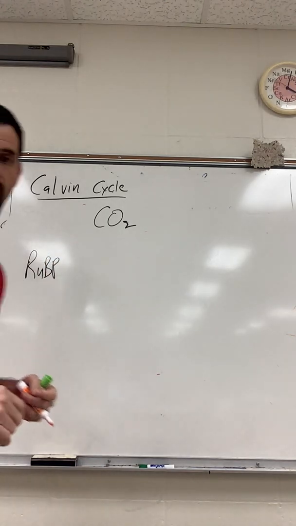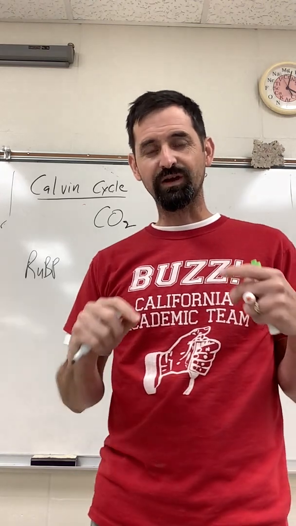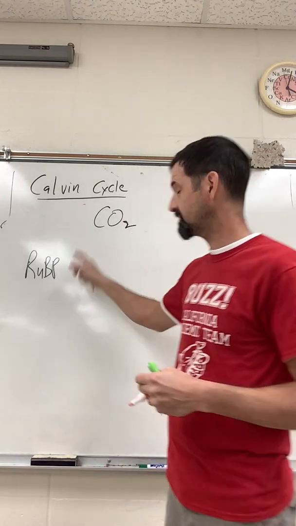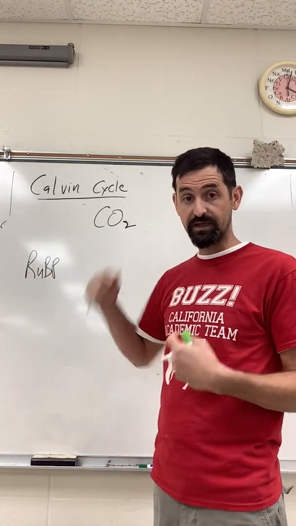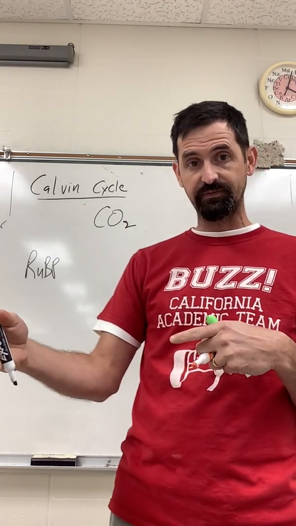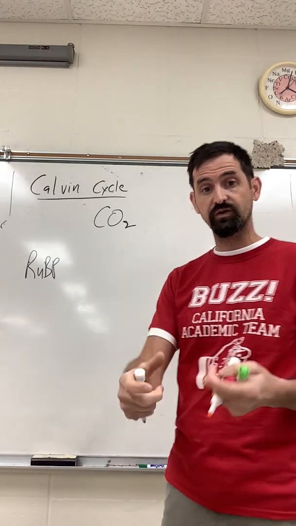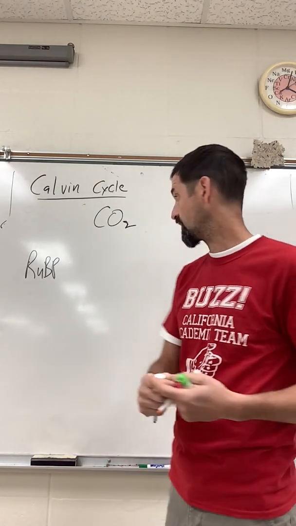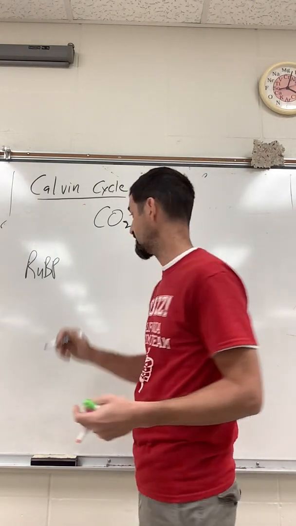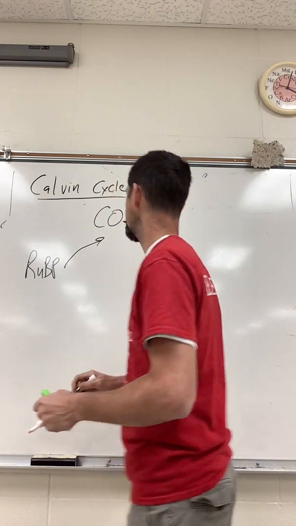RuBP is a short chemical name for a compound that is able to chemically bond to this carbon. That's what brings carbon into the cycle. If I cannot chemically interact with something, I can't chemically react with anything. So we have to first be able to attach to those carbons. This is our first stage. We use our RuBP to grab the carbon.